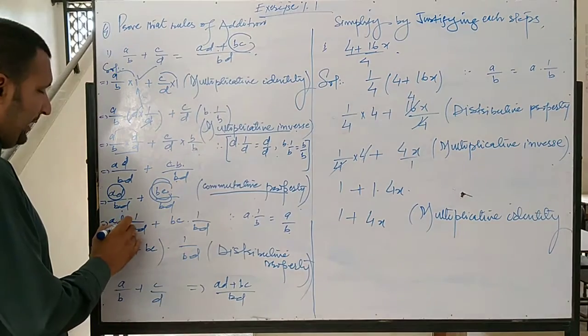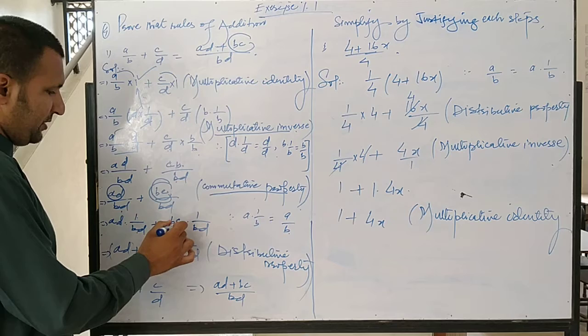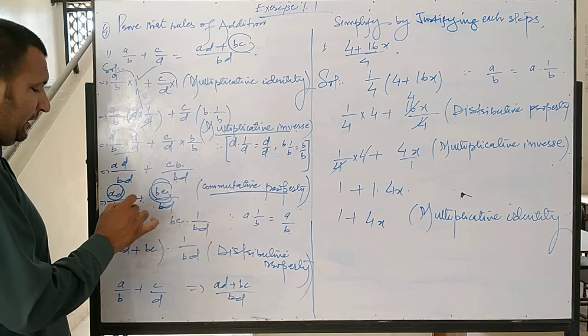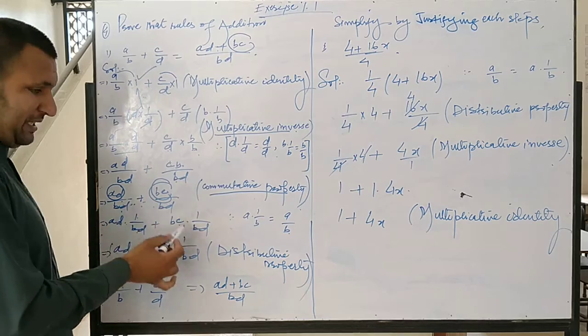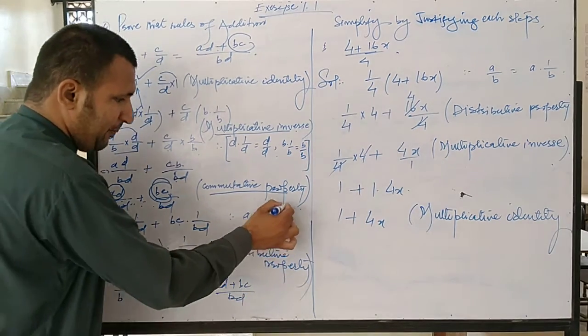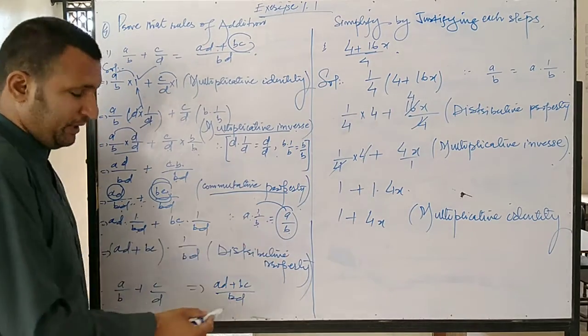Again ad multiply 1 upon bd plus bc into 1 upon bd. Means we have converted the denominator into a separate statement: a into 1 upon b is equal to a over b. Means we have separated the numerator from the denominator.